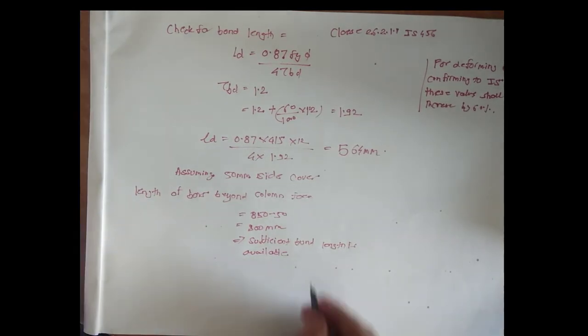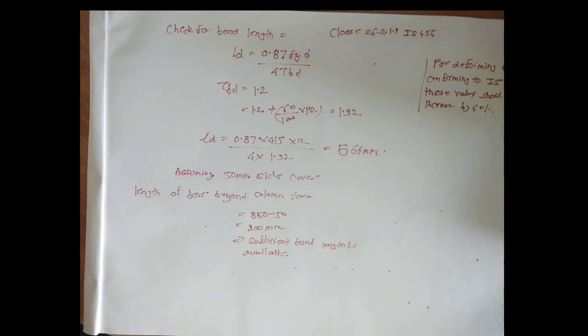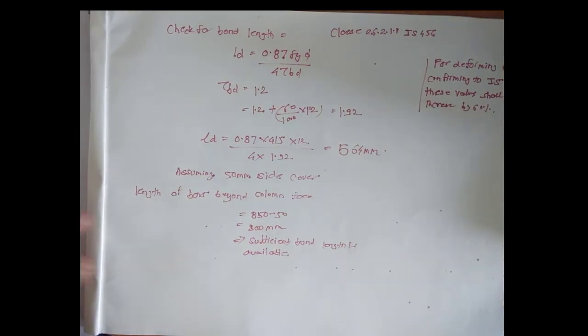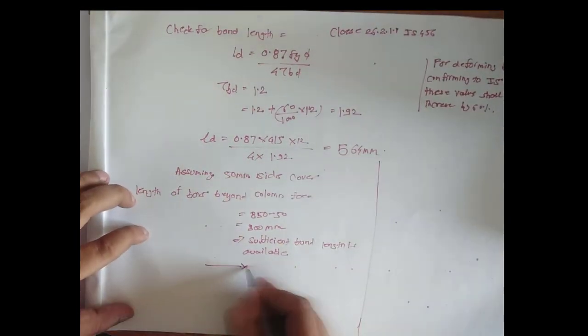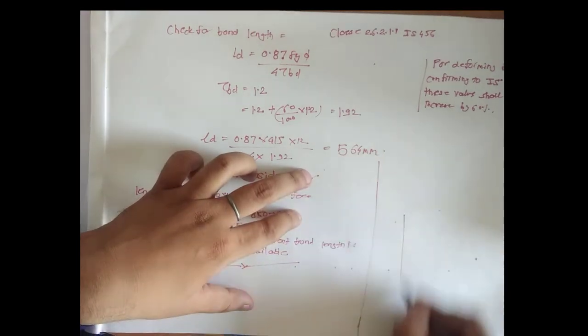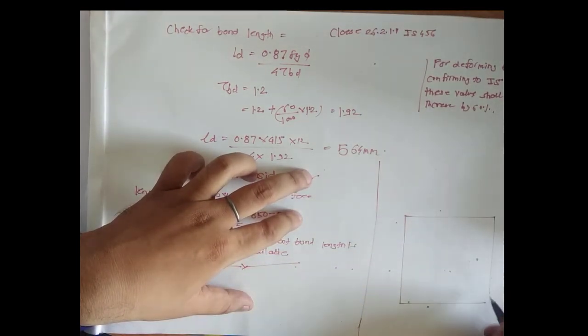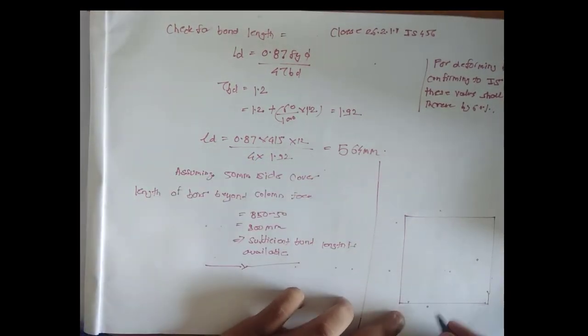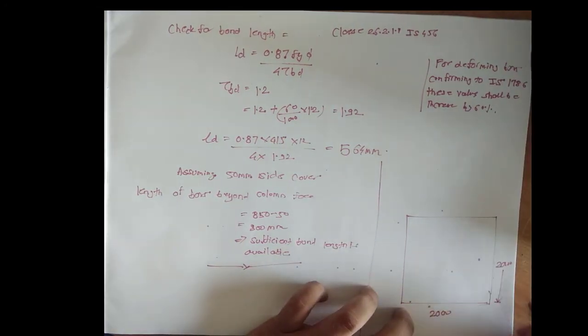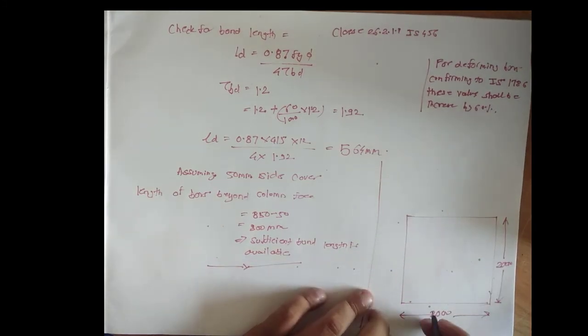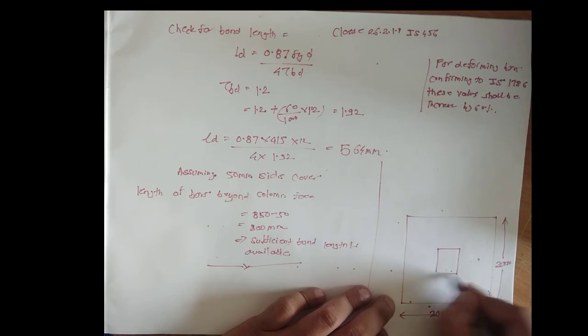Got it? So finally, by drawing the reinforcement details, we will conclude the numerical. Just I'll draw here the details of reinforcement. This is our area of footing, which is 2000 by 2000. Bars we'll see here.